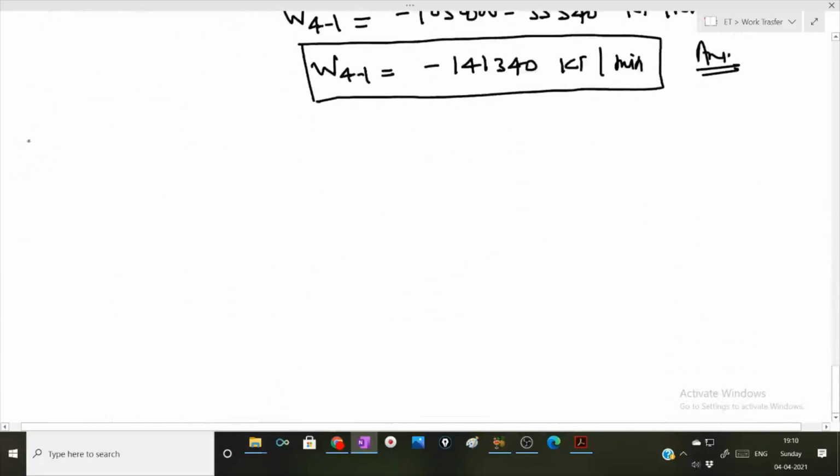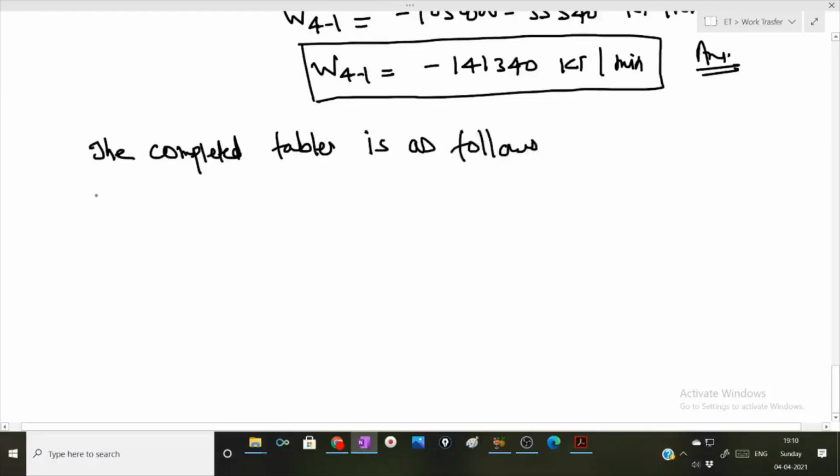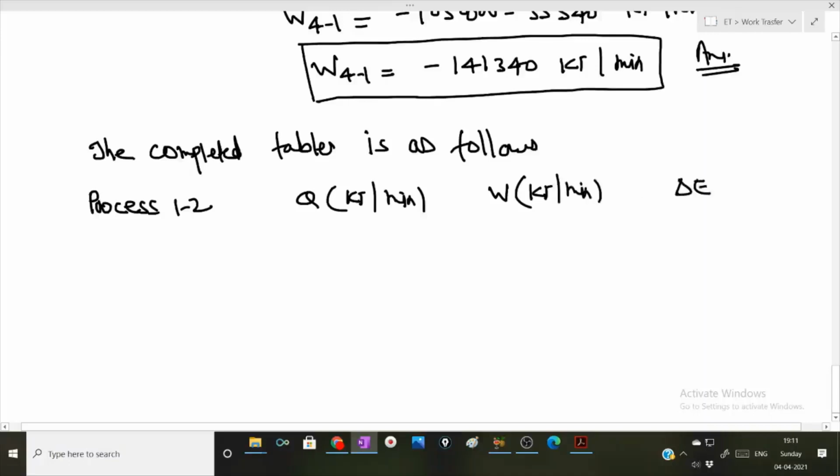So the complete table will be like this. The first column is process, next column is Q in kilojoule per minute, next column is W in kilojoule per minute, and the last column is change in total energy in kilojoule per minute.